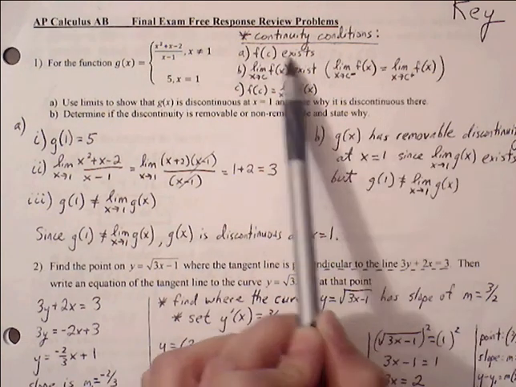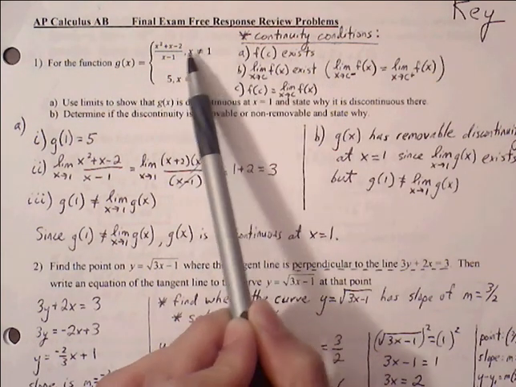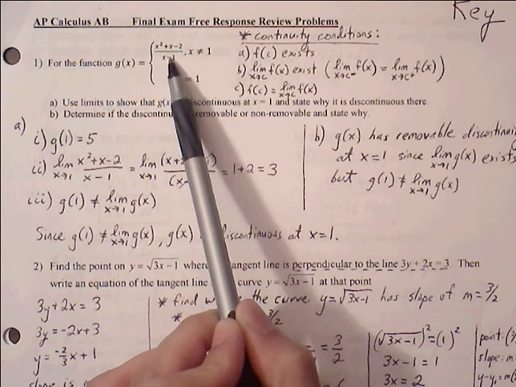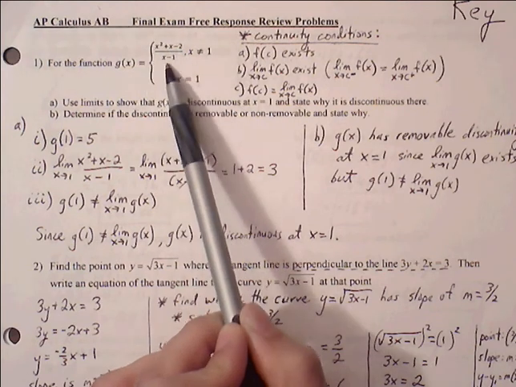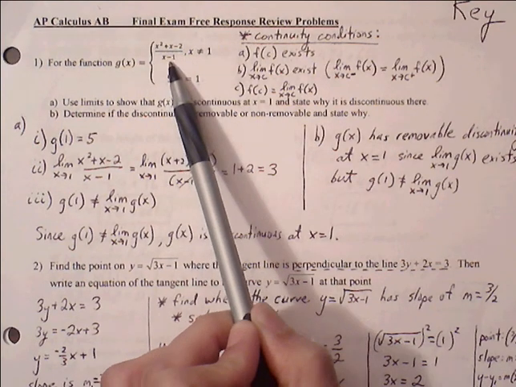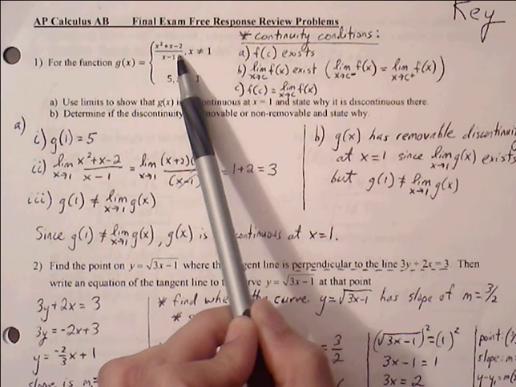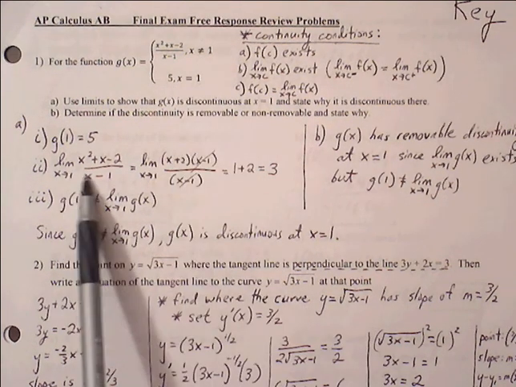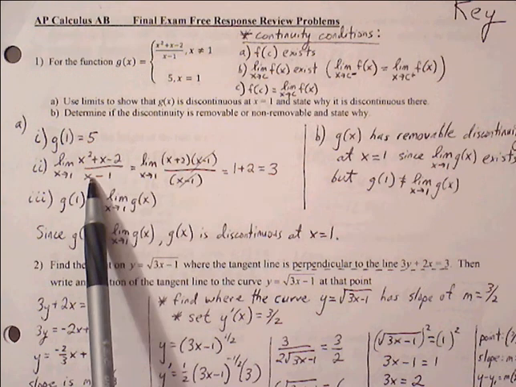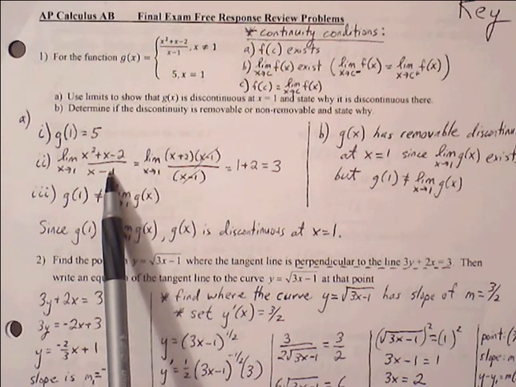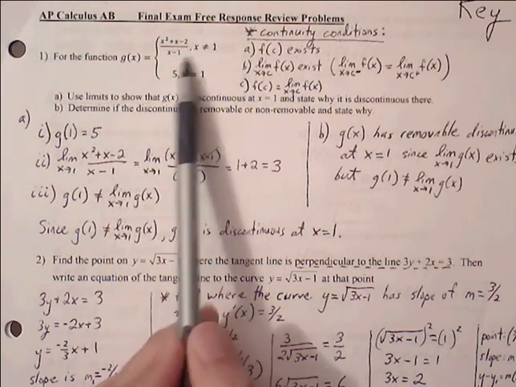But here, the graph exists to the left and to the right using the same piece, so we can simply find the limit of this function. The limit as x approaches 1 of x squared plus x minus 2 over x minus 1. We know the limit is going to exist since the graph exists to the left and to the right of 1.